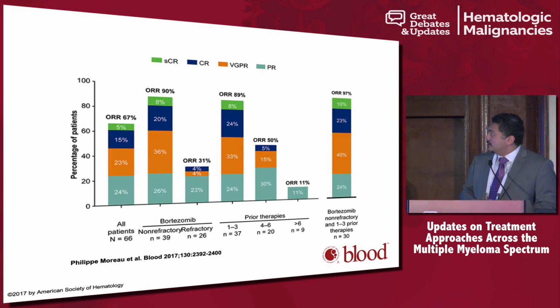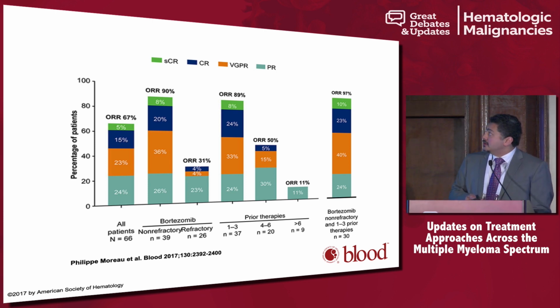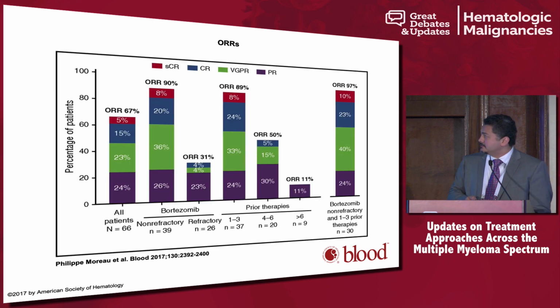Based on that, there was another trial Philippe Moreau presented combining venetoclax with bortezomib and dexamethasone, again going after that BCL2, MCL1 pathway.